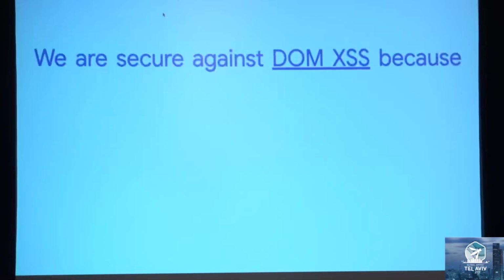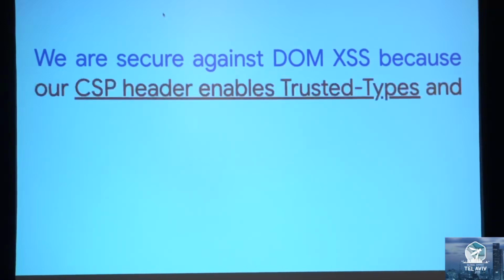So we've been doing this for server-side XSS for a while, and I'm going to walk you through the claim that we want to build confidence in. So we're secure against DOM XSS because reasons.